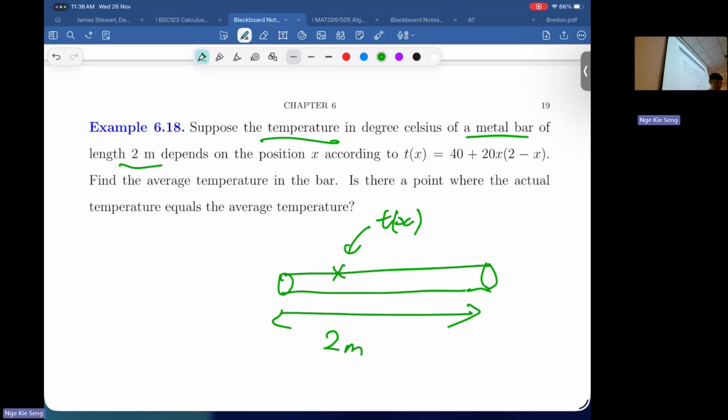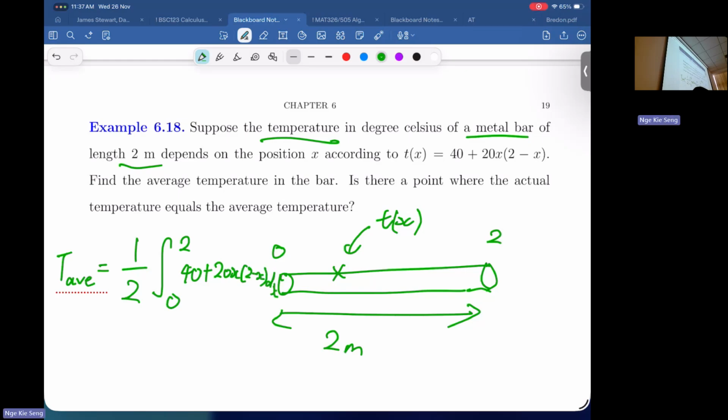So the question asks: find the average temperature in the bar, and is there a point where the actual temperature equals the average temperature? So what do you do here? Just the average value, 1 over 2, because the width is 2 here, integrating from 0 to 2 of your temperature.